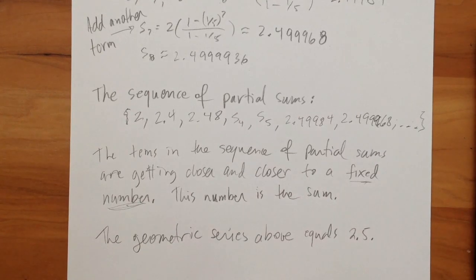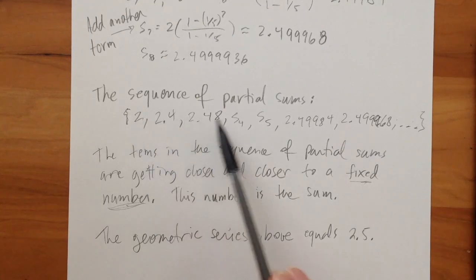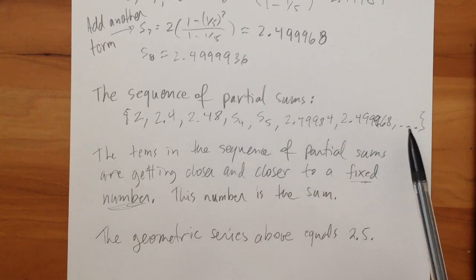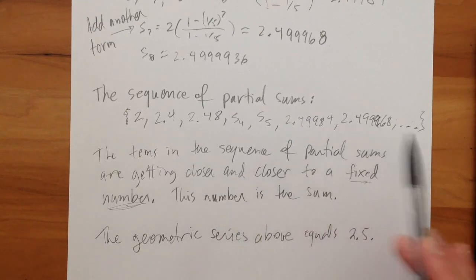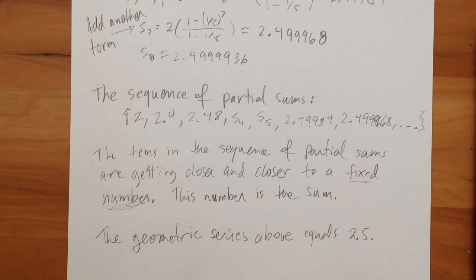Right, so if you need to pause and go back and rewatch this, I encourage you to do it. So you make sure you really understand what these terms are that we're listing. Okay, so again, we're letting the number of terms that we're adding go to infinity, basically.